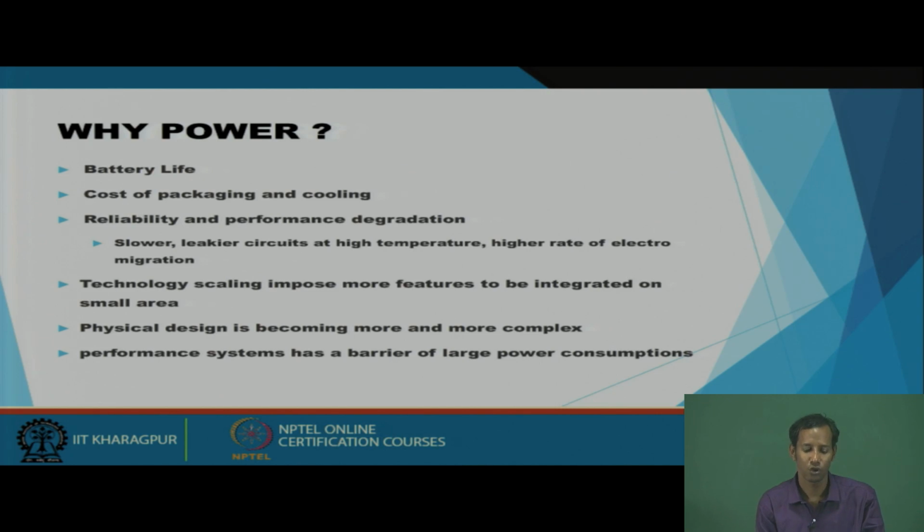Then there is the cost of packaging and cooling. The meaning of this is that suppose you are using a mobile phone and playing some games. If your graphics processor or mobile processor consumes too much energy, the corresponding circuit will also heat up more.